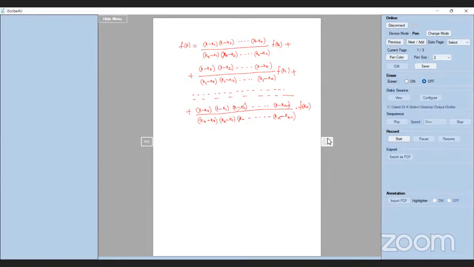Like this. So this is the f of x after getting the values of a0, a1, and so on, an.